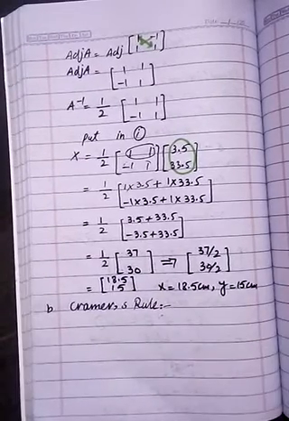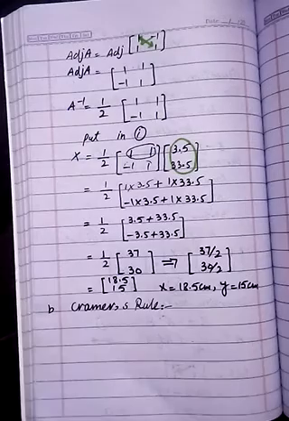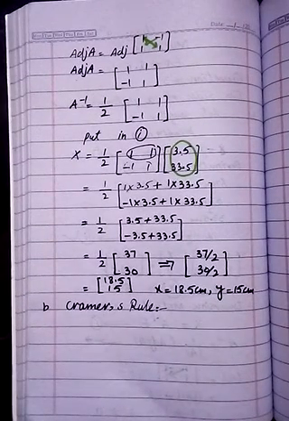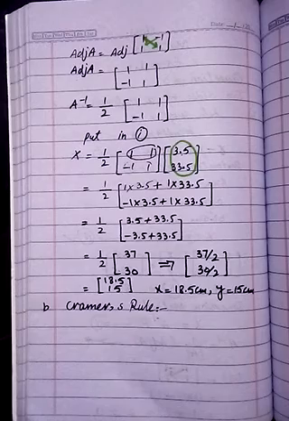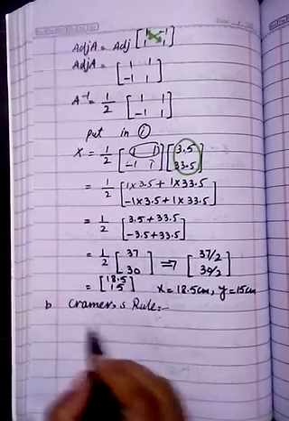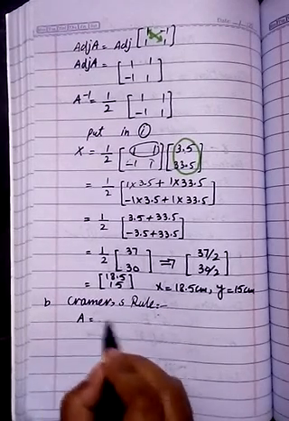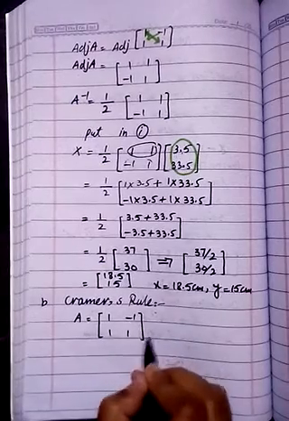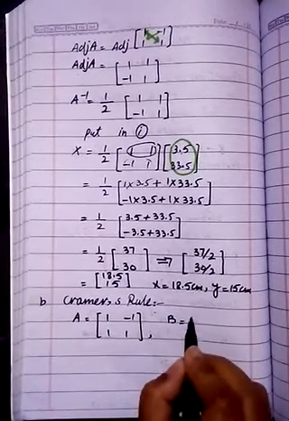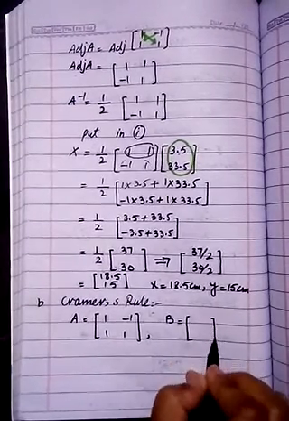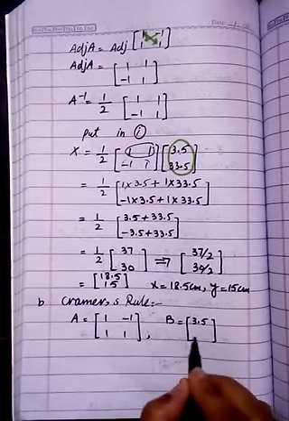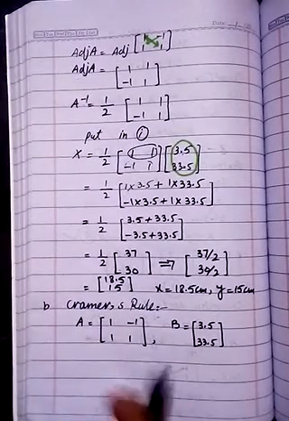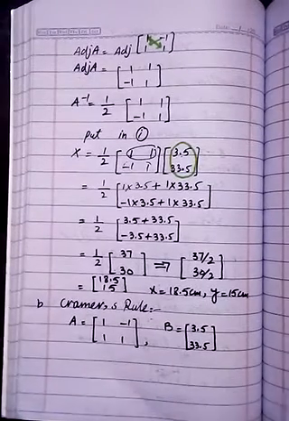That is the answer. Now for the same question you have to use Cramer's rule. First of all you have to write the A matrix and B matrix. The A matrix is 1, minus 1, 1, 1, and the B matrix is 3.5, 33.5. This was on the previous page, for your convenience I have written it here so I do not have to turn the page. You are going to apply Cramer's rule, which is different from the inversion method.